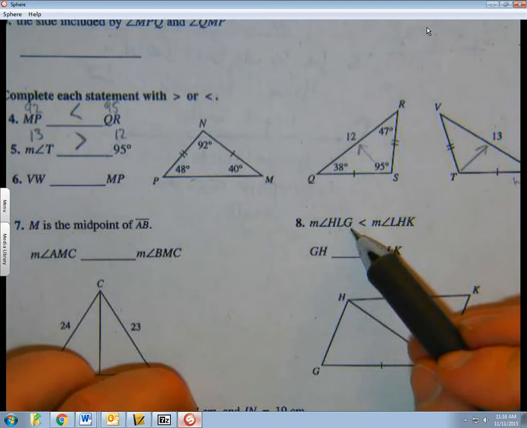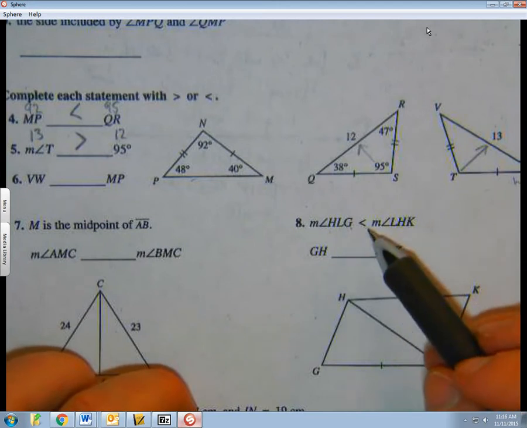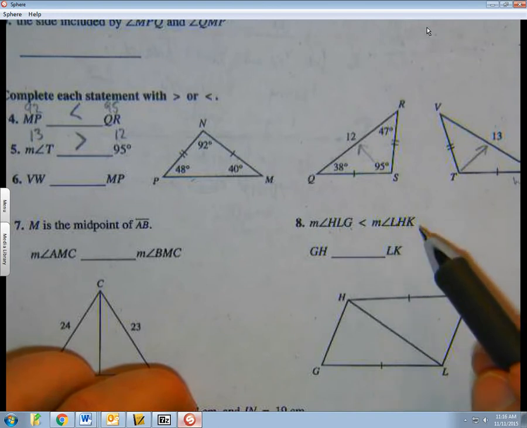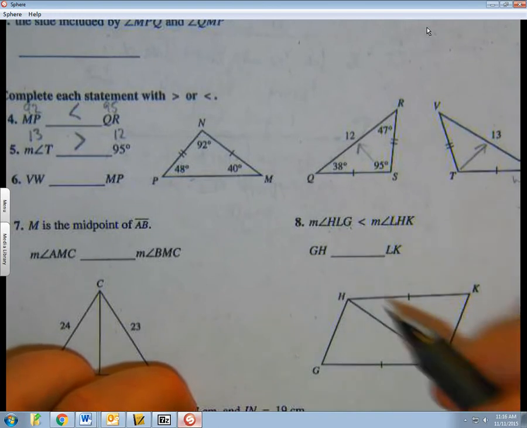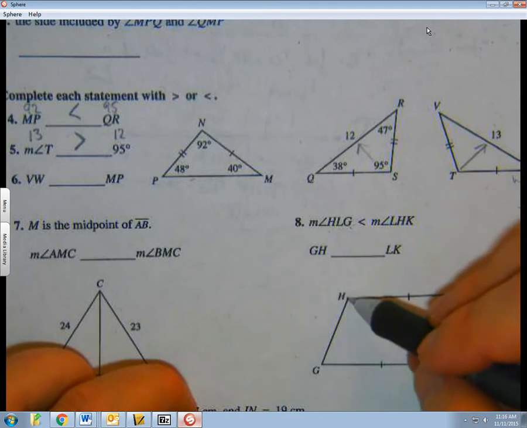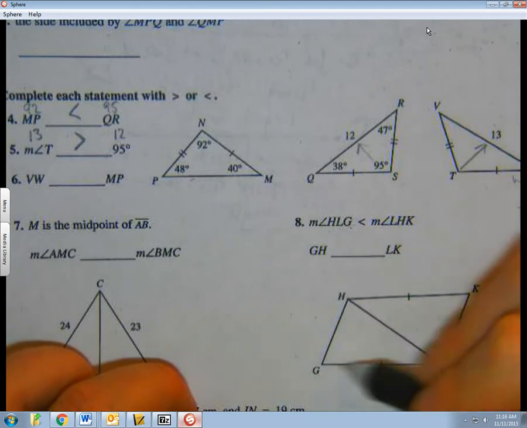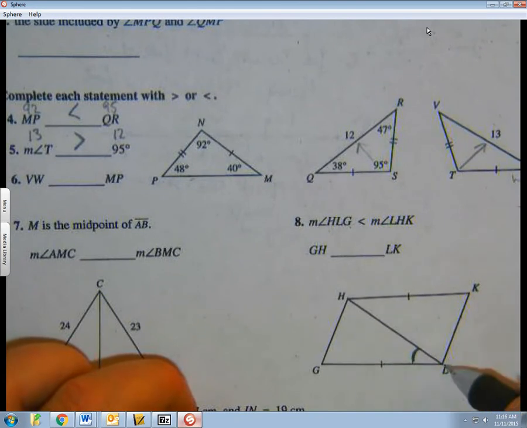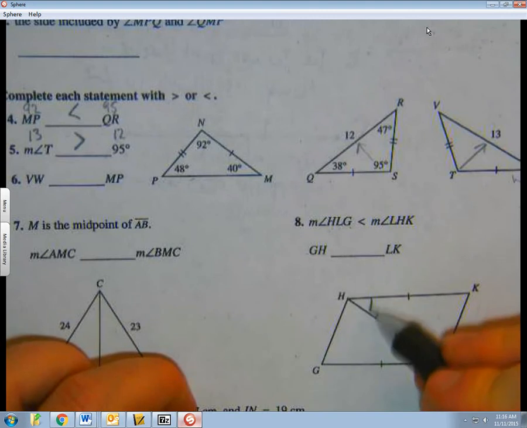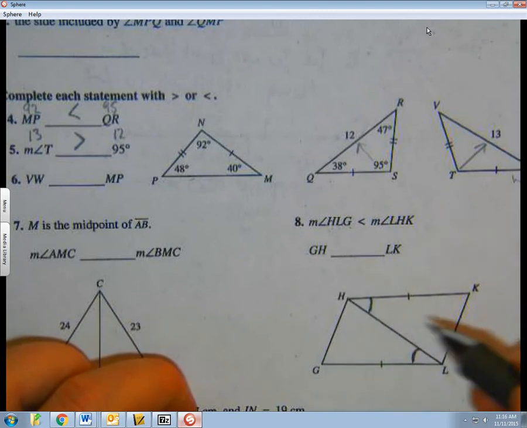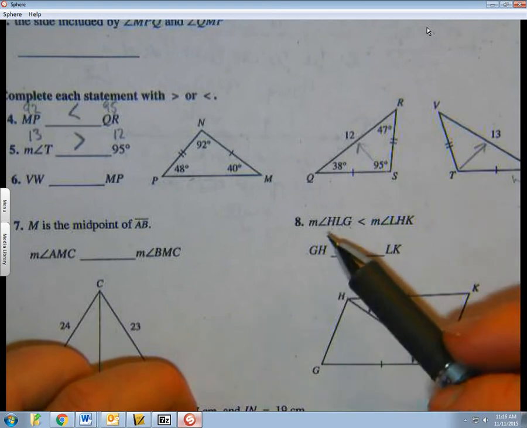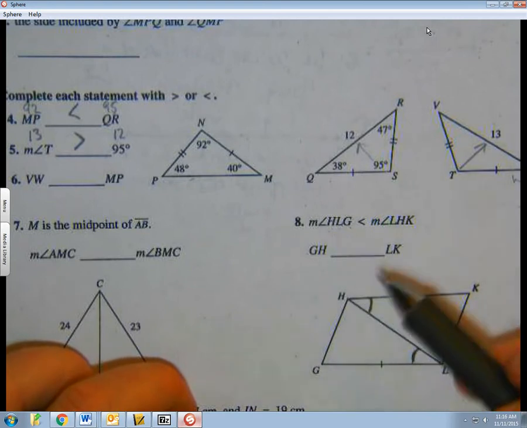HLG is less than LHK. Well, let's find out where they are. HLG is going to be right here. LHK is going to be right here. Okay. We could just throw some numbers at it. HLG is right here.